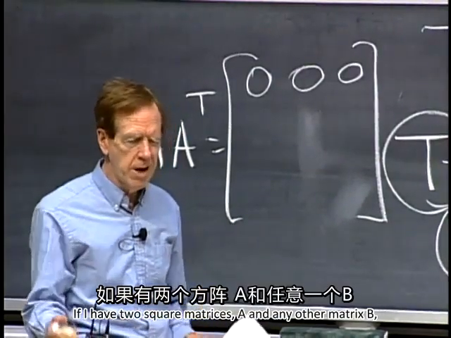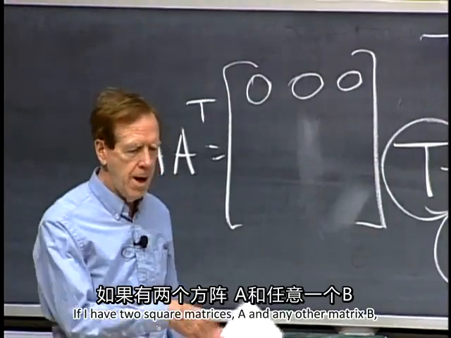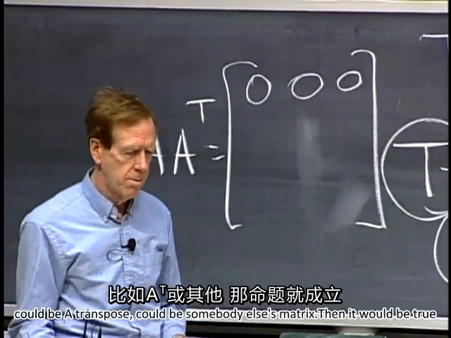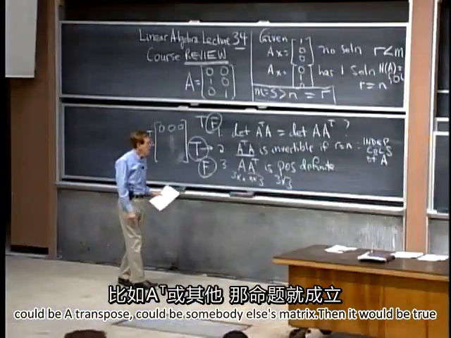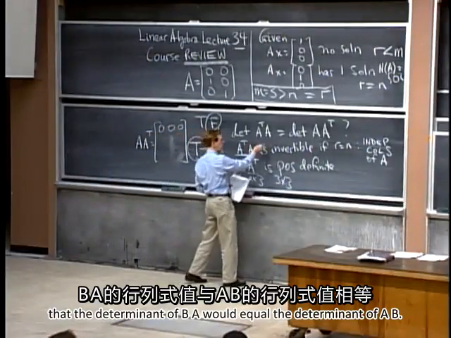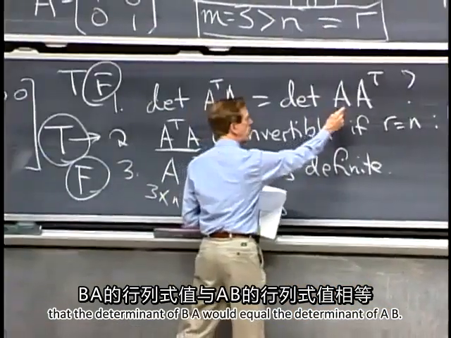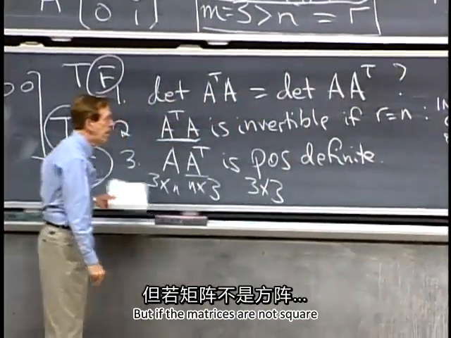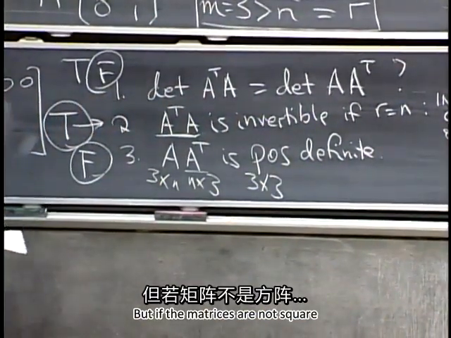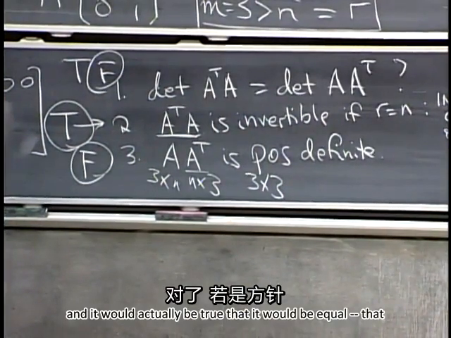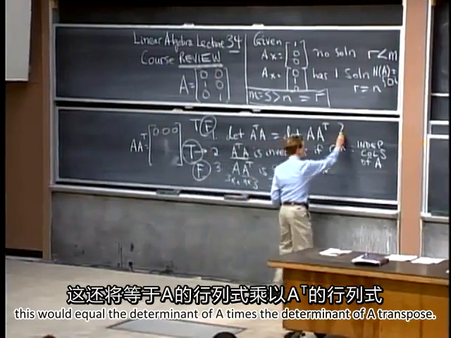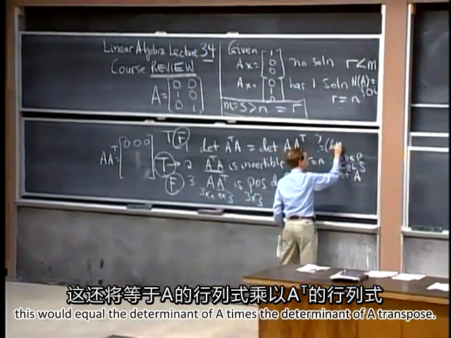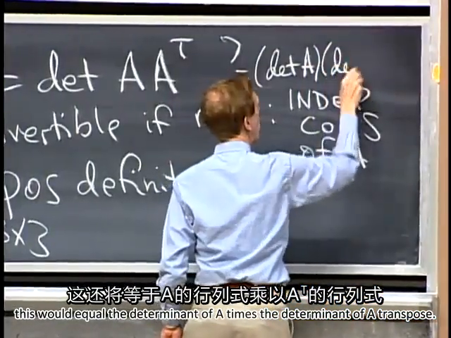If I have 2 square matrices, A and any other matrix, B, could be A transpose, could be somebody else's matrix, then it would be true that the determinant of BA would equal the determinant of AB. But if the matrices are not square, it would actually be true that this would equal the determinant of A times the determinant of A transpose.